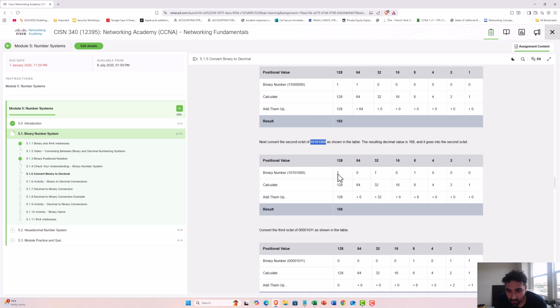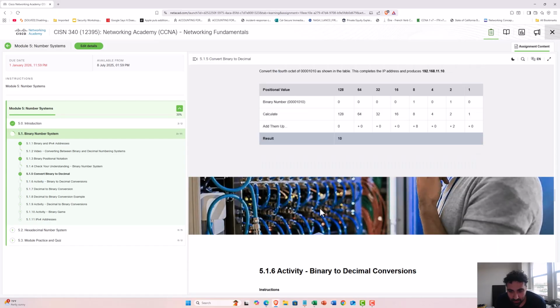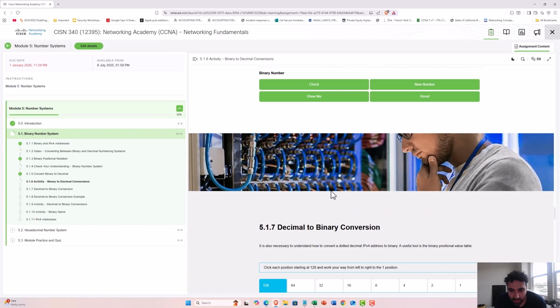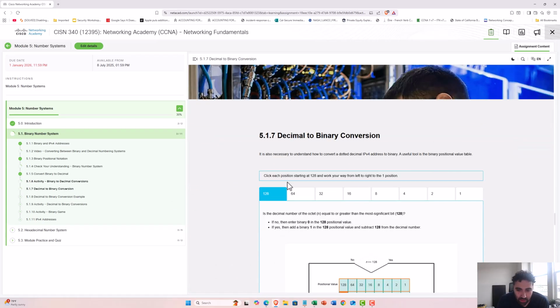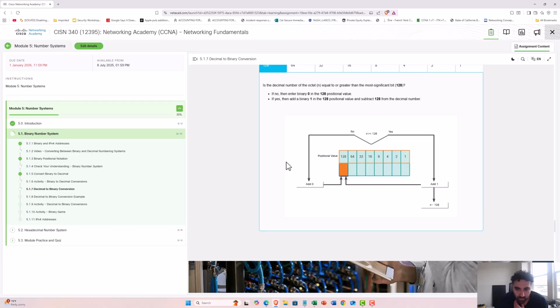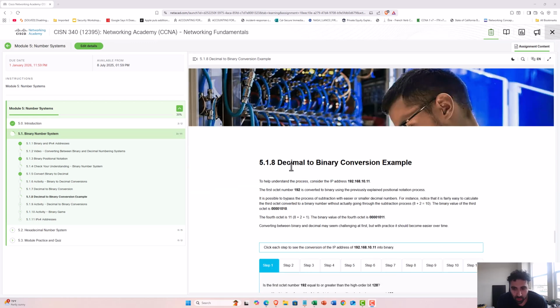In this instance, if we have this number of 1010100, we're adding 128 plus 32 plus 8. You see here 128 plus 32 plus 8 equals 168, all right? And then within the rest of the module, it's just examples and practice activities to go through. Okay.